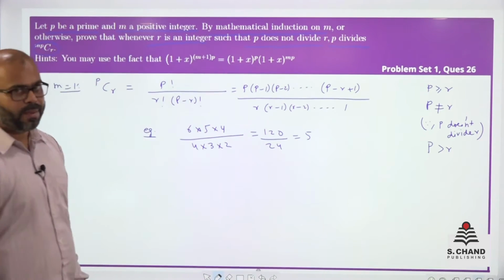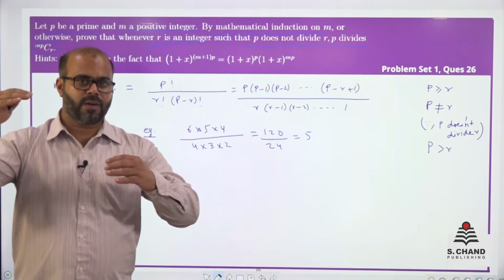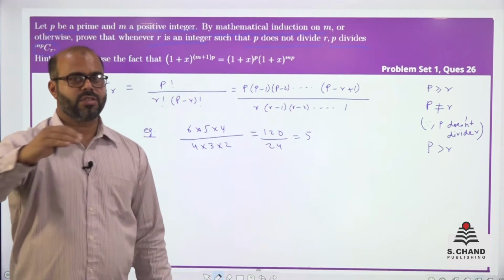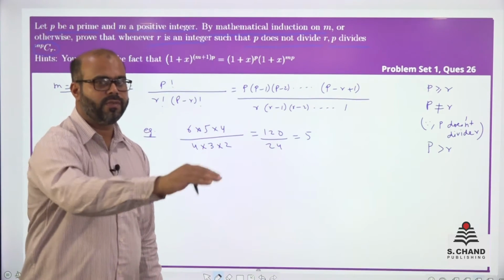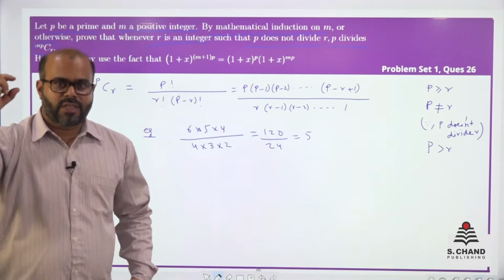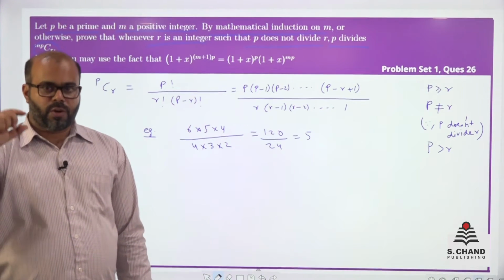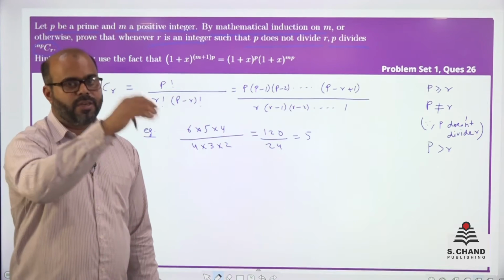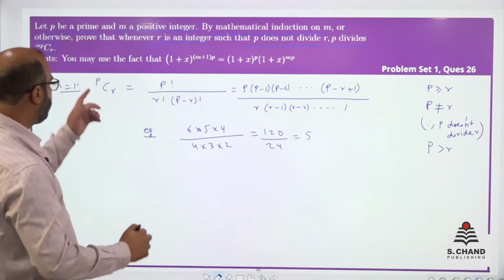So this will always happen that if there are r consecutive integers in the numerator, r consecutive integers in the denominator, and the numerator integer is greater than the denominator integer correspondingly, then it is completely divisible.